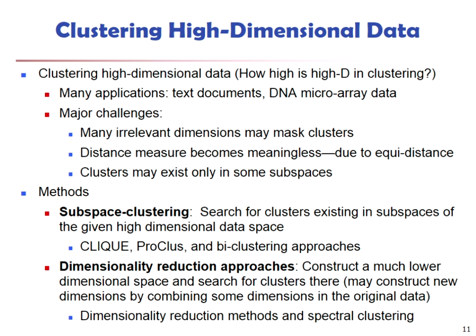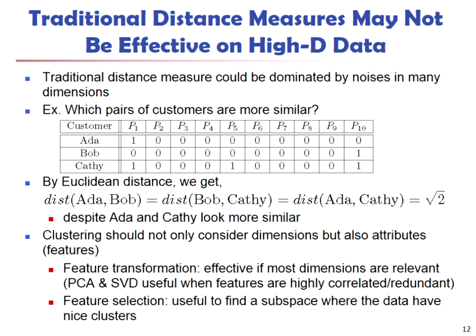Subspace clustering means we will search for clusters existing in subspaces of the given high-dimensional data space. And dimensionality reduction constructs a much lower dimensional space and searches for clusters there. Is it clear? Good.